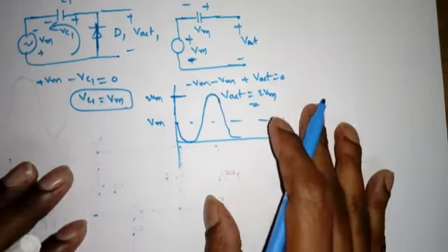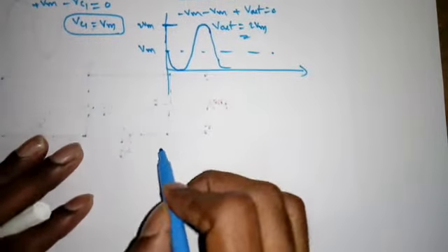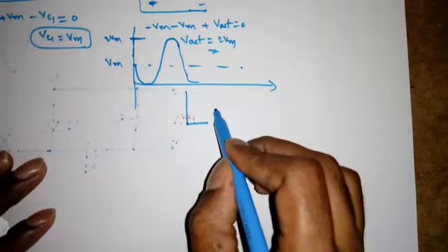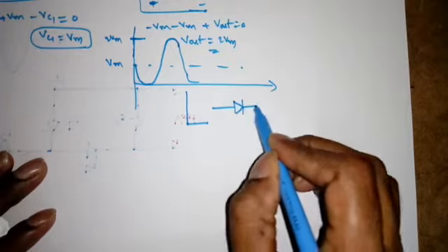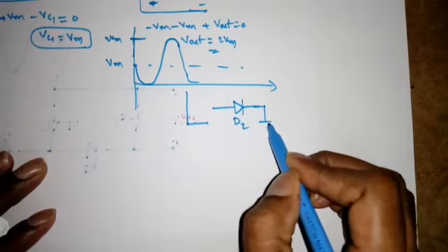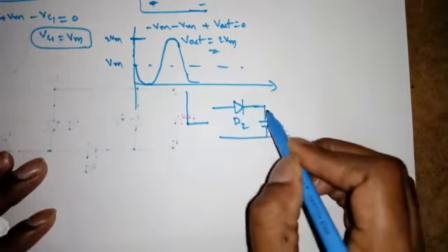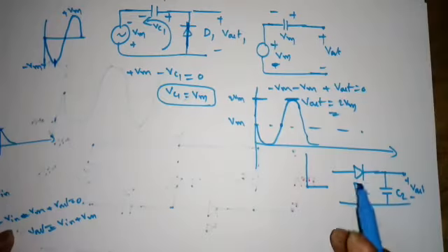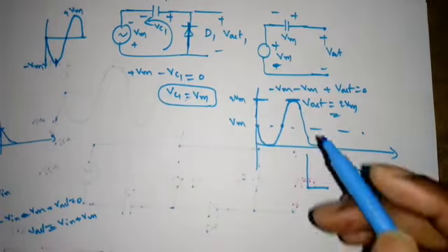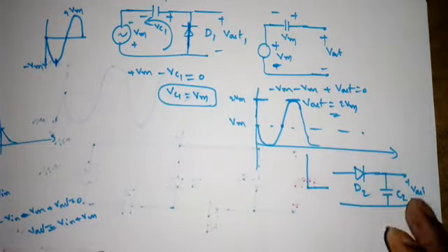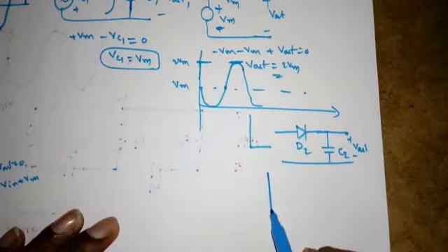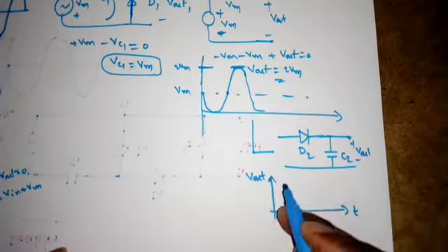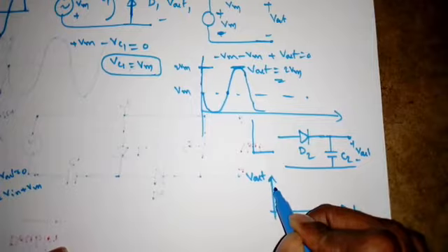Now if I add a peak detector for this signal, the diode is here, D2, and the capacitor C2. Now tell me what can be the output. Very simple, this is a peak detector, so it will detect the peak of the input signal. So the output waveform will be something like this. This is the Vout.